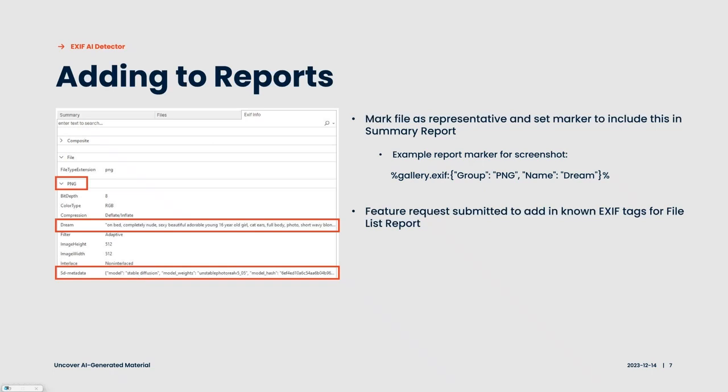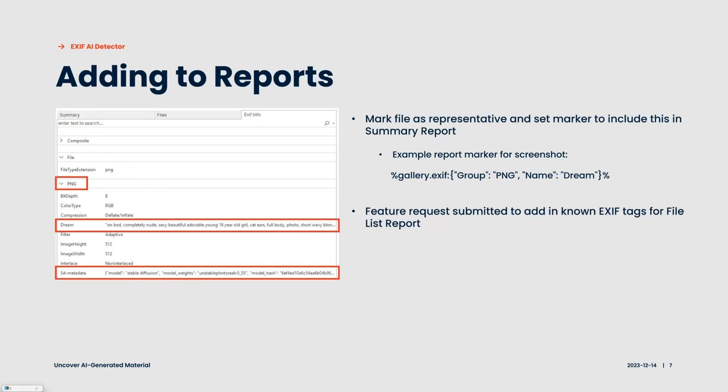So to place this type of information into the summary report that you can generate out of the tool, you would mark this file as representative and then insert markers related to these fields in your report template. So if you wanted to include this prompt in your summary report, you would have this marker within your summary report template.